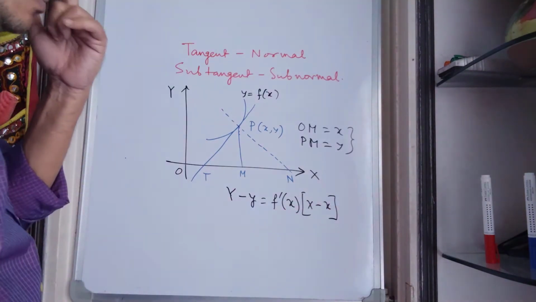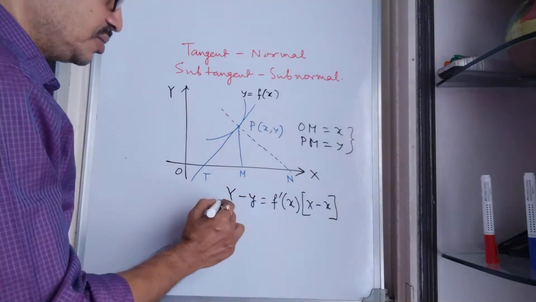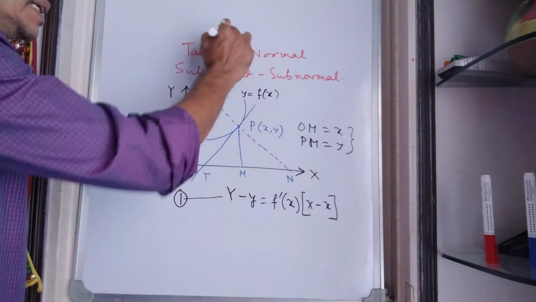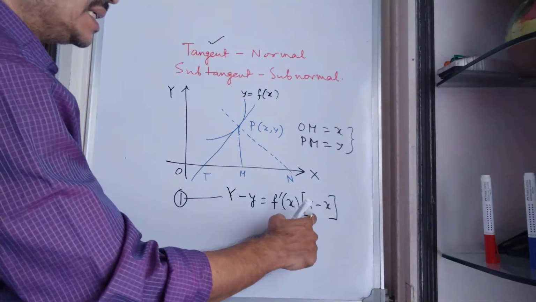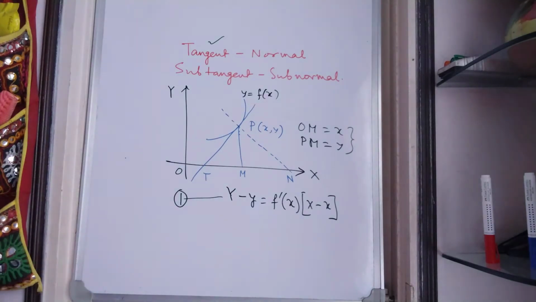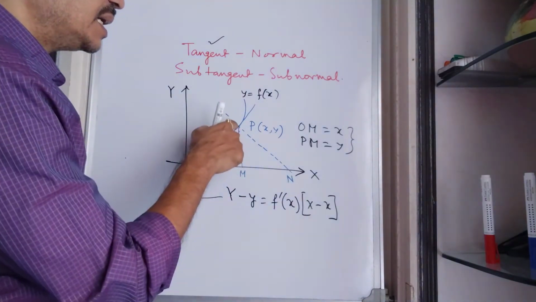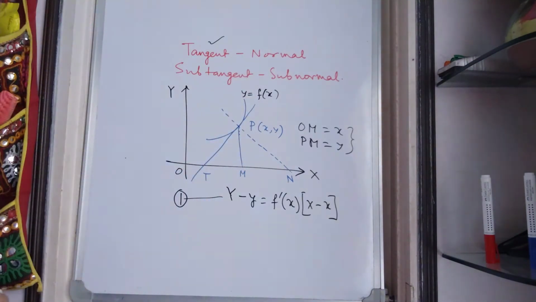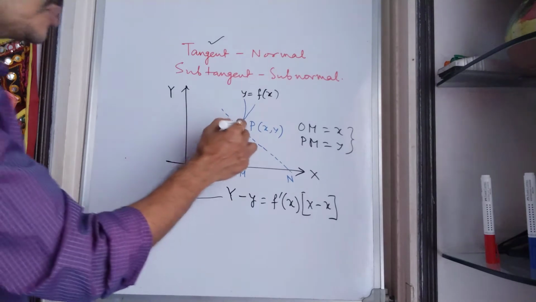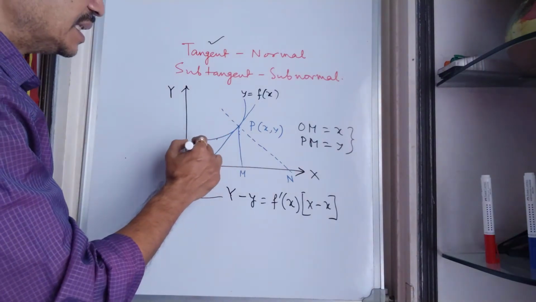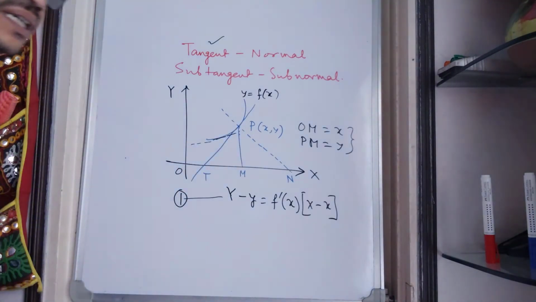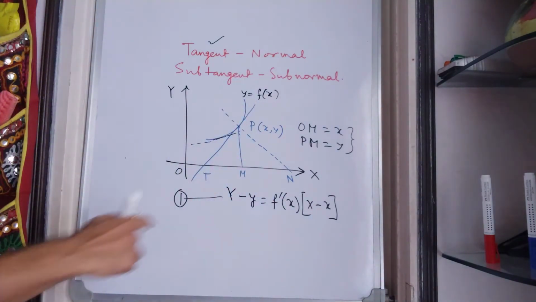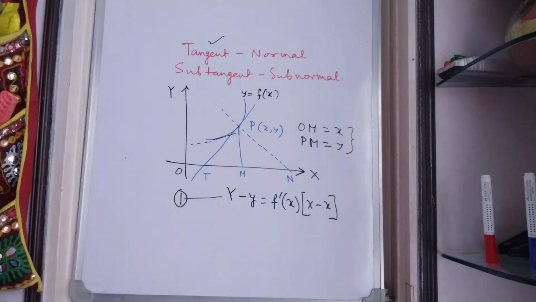The point to remember is that in this equation, capital X, capital Y is the locus point, whereas small x and small y is the fixed value of the point on which the tangent is drawn. If we change this point P and take a point here, the tangent will obviously be different. So this x, y is fixed in the case of the tangent, and this capital X, capital Y is the locus point.